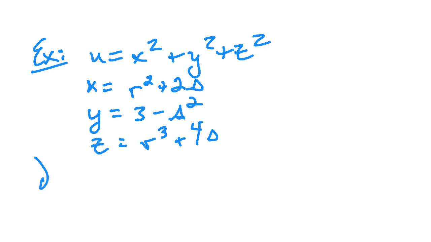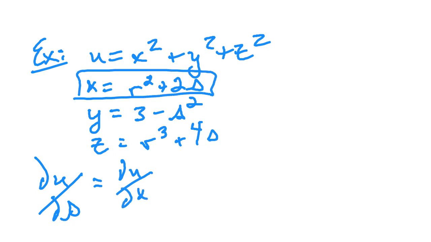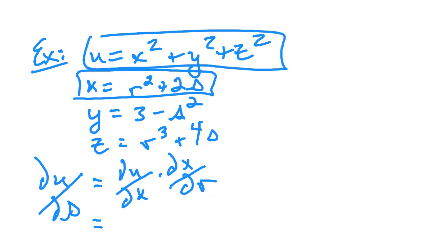But if I want the partial of u with respect to s, I'm going to do it in each part. So the first thing I need is the partial of u with respect to the first variable, x, and then the partial of x with respect to r. So doing this underneath, the partial of u with respect to x, here's u, that's just 2x, times the partial of x with respect to r, which is 2r, right?